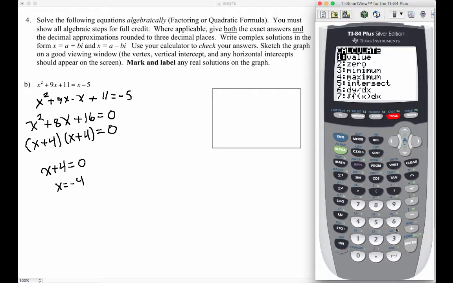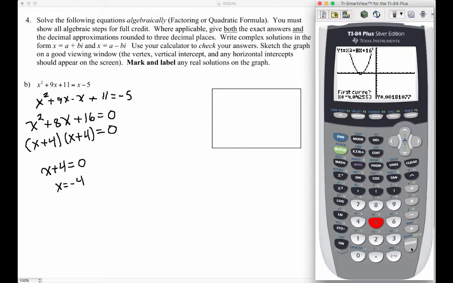I just want to show you it's really sensitive to your initial guess in this case. So first curve, second curve, guess. I should have moved them over just a wee bit. Sorry about that. Now it's stuck on it. But notice again, I got a slightly different answer this time. It's negative 4. It's just the calculator having some round off problems. If we round off, we're going to get negative 4.